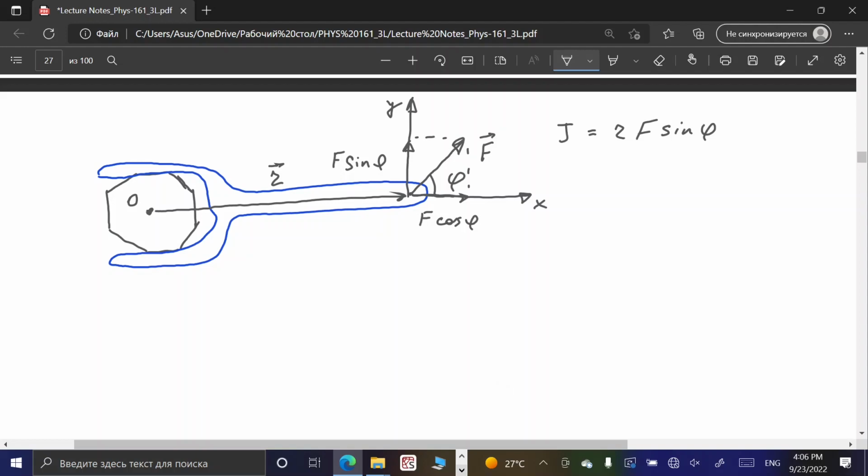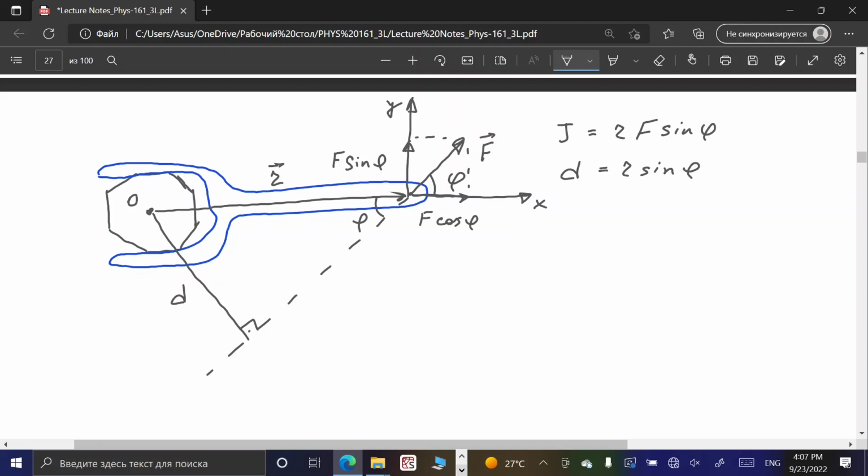To make it more general, we can extrapolate this line which defines the force vector and then draw a perpendicular from the axis of rotation towards this line. This will be some distance d, and taking into account that this angle is also phi, we can write that d is equal to r times sine phi.